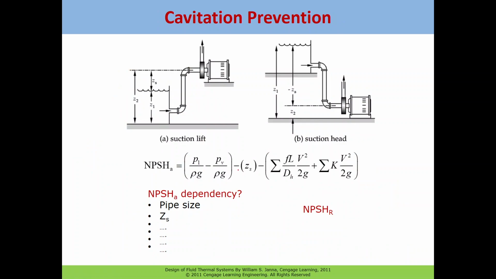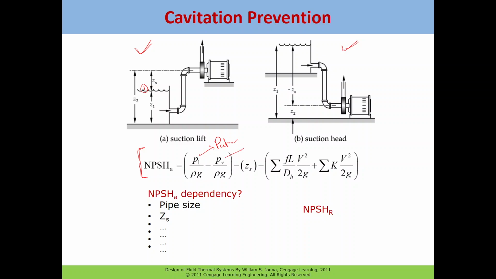What we can understand from here is that if we want to calculate the net positive suction head available in any system, what quantities do we need? We need P1, the pressure here, which is basically the atmospheric pressure.